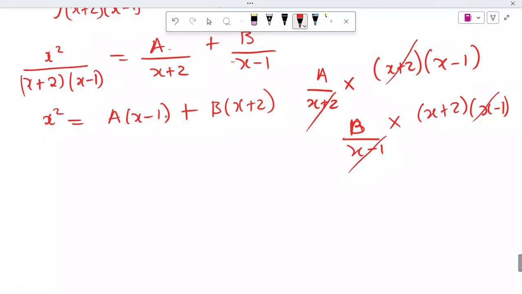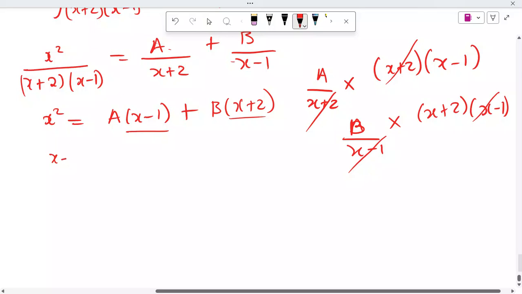Now we have two functions. We equate this one to 0 and this one to 0, then solve. We say x minus 1 equals 0.